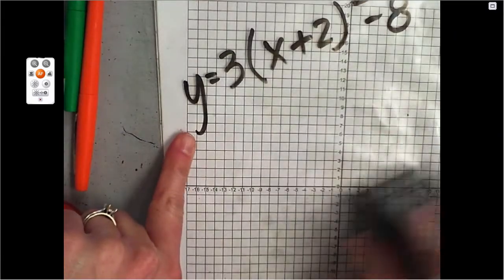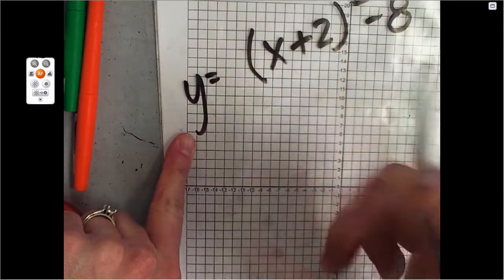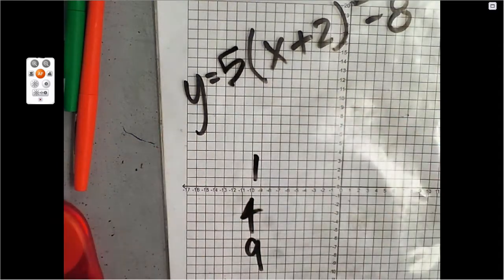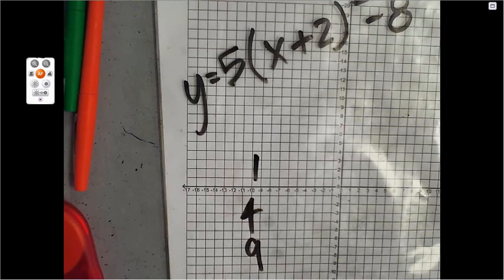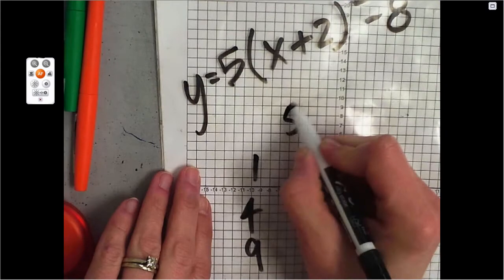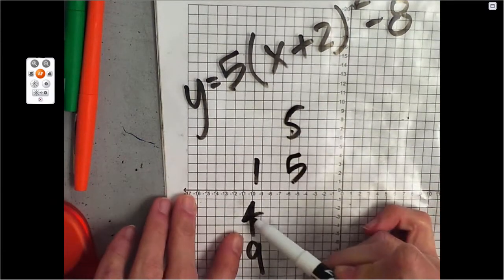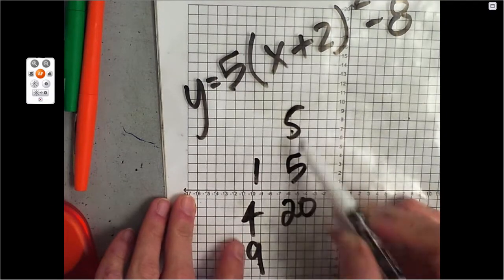Let's change it. What if it were 5? So most of you are getting it. 1 times 5 is 5. 4 times 5 is 20. 9 times 5 is 45.